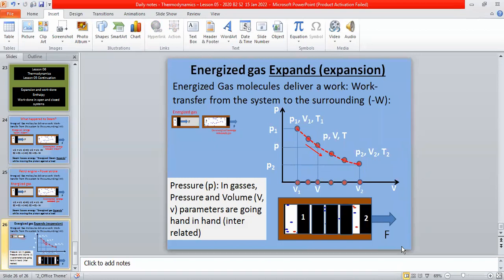So when you experience the expansion of energized gas, only energized gas expands. If the gas sees low energy level positions, the gas will change into that level. So it is changing state, we call it, changing from high energy level state to low energy level state.